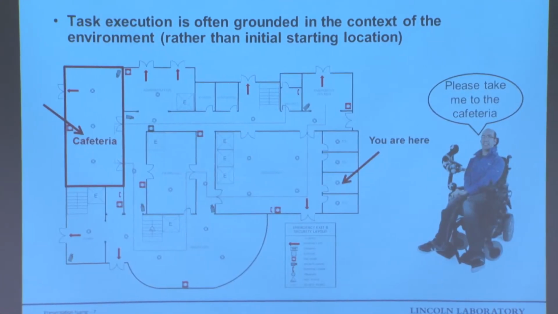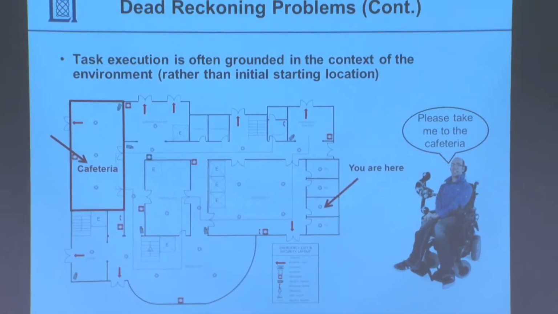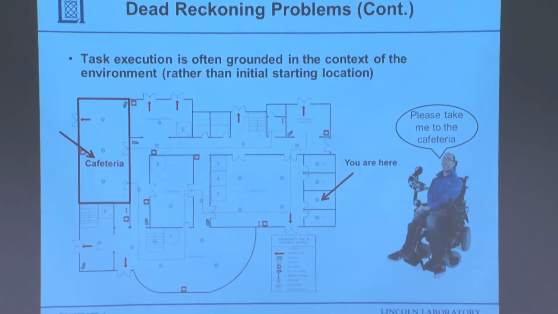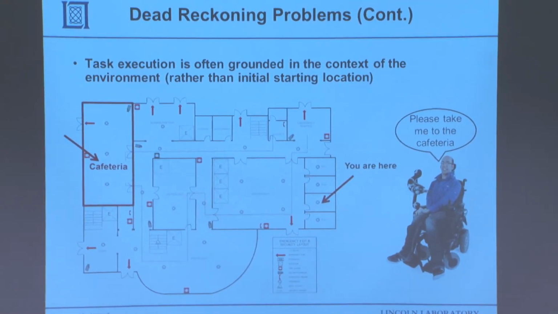Another problem with dead reckoning is that many times we task our robots in a map-centric viewpoint. So we don't necessarily tell our robot to go to coordinate x equals 30 meters and y equals 60 meters. Instead, we might want to task our robot in some viewpoint that is relevant to humans.